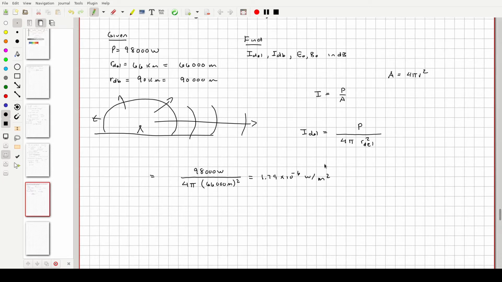Now what happens is if you think of your antenna in your car as being like this, there's your antenna, and here's your light wave coming in.